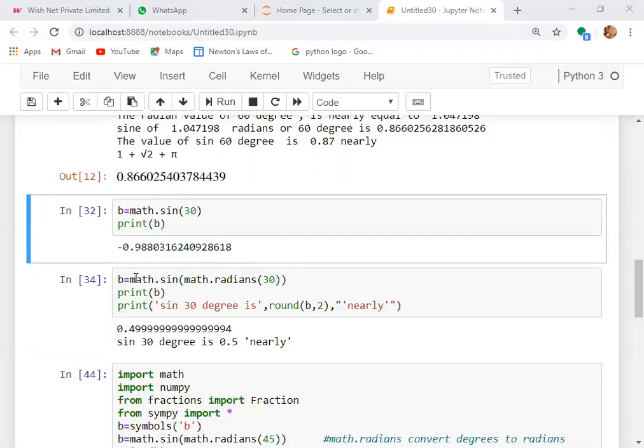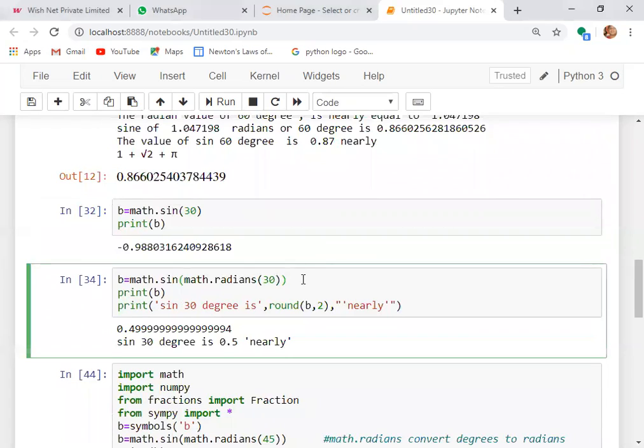So that's why we write math.sin, then parentheses, math.radians(30). Here 30 is in degrees. math.radians converts this 30 degrees to a radian value; we can't say that it is 30 radians, because 30 is in degrees.